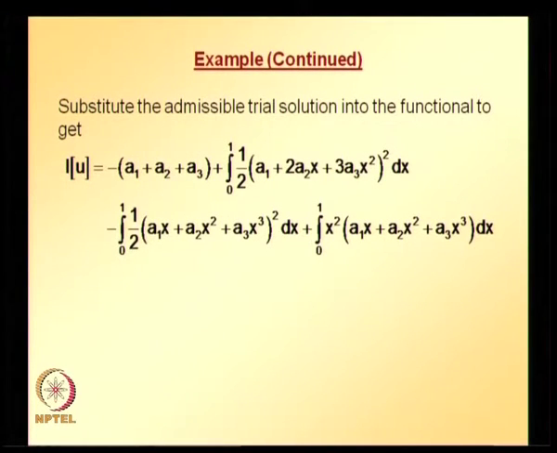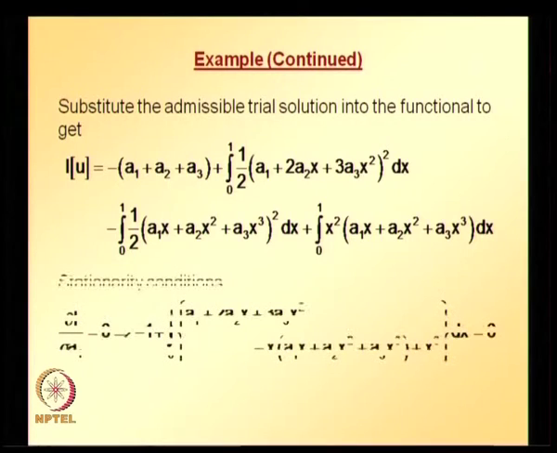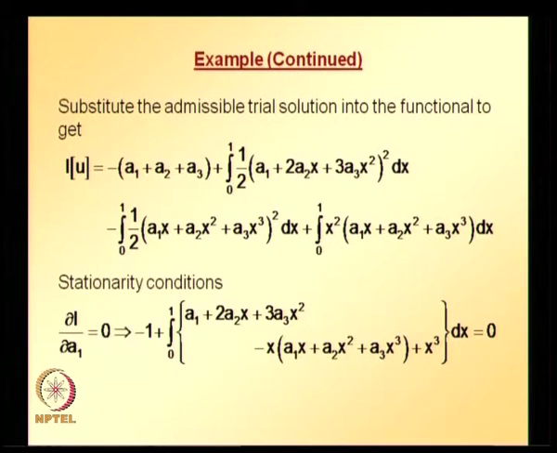Directly taking that equivalent functional, the admissible cubic trial solution is substituted into the functional which we already have. Now the functional becomes a function of a1, a2 and a3, three unknown coefficients. A function of a function is called a functional, just remember that. Now apply the stationarity condition.